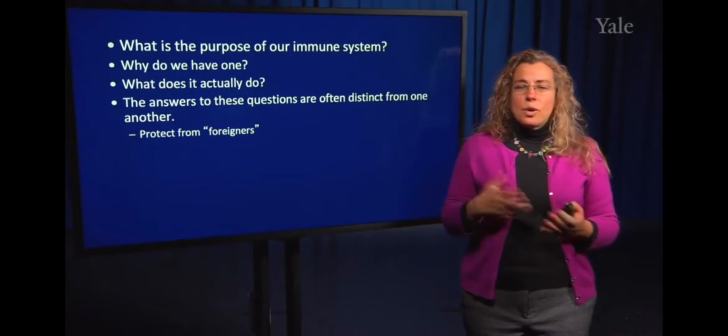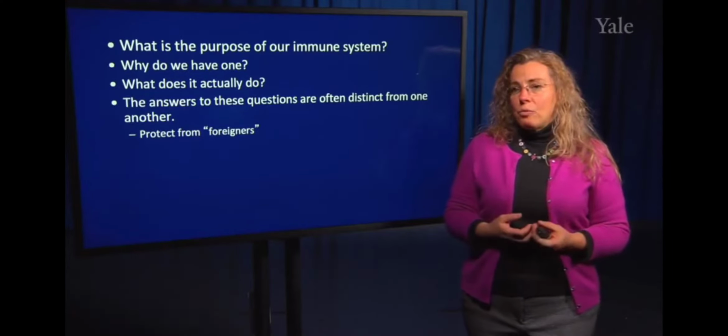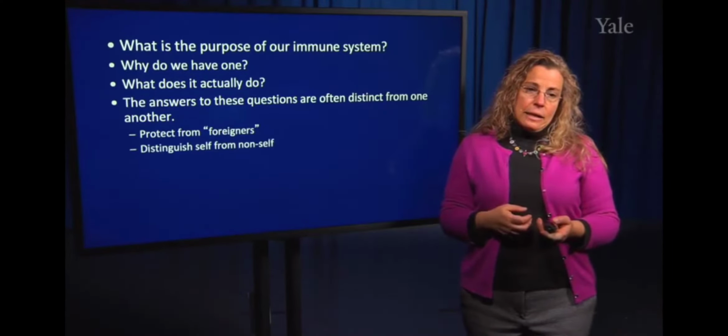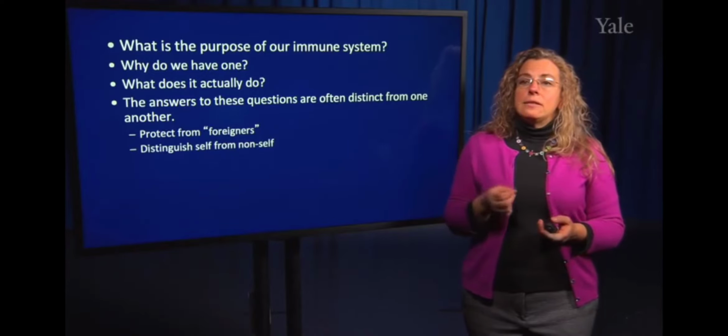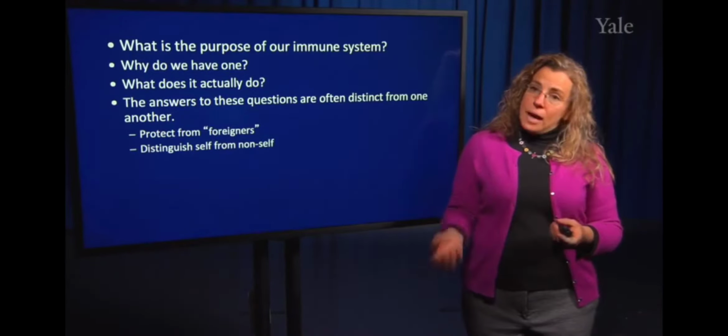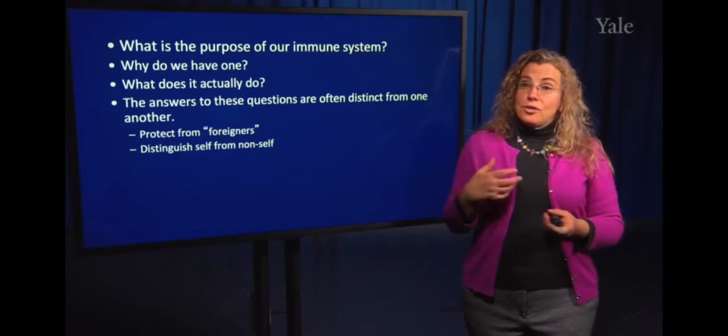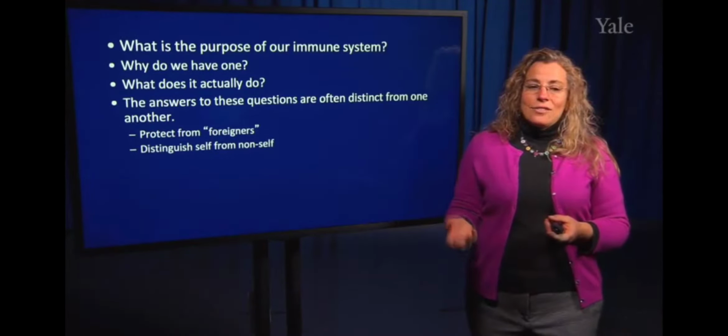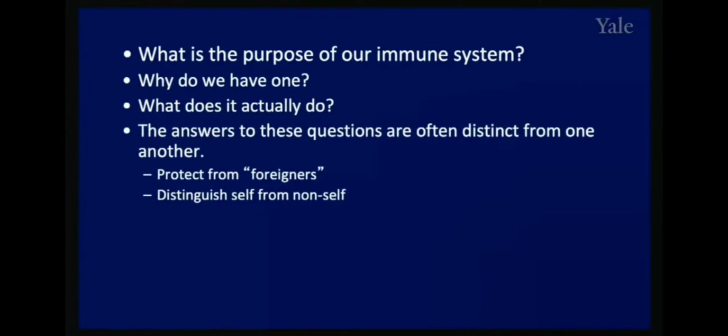That's a little bit about why we have one. But the immune system needs to distinguish self from non-self in order to say what a foreigner is. So distinguishing self from non-self is more what the immune system does, but not why we have one.